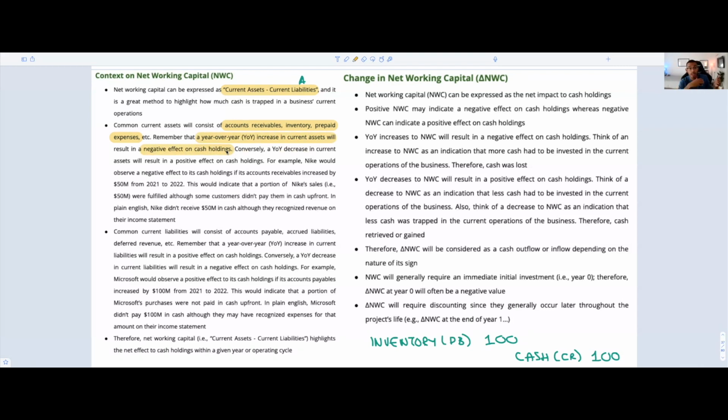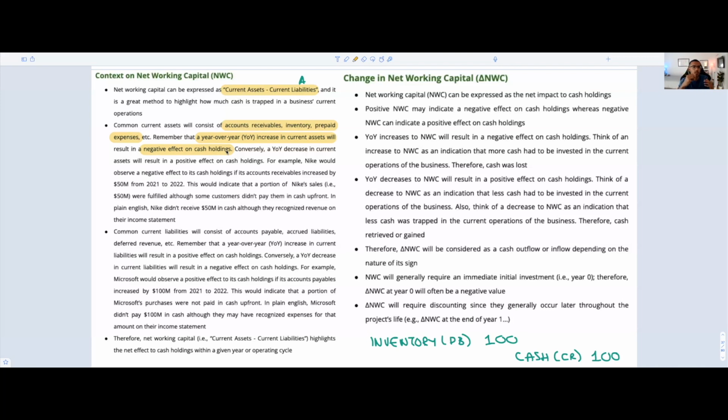If you have an increase in your inventory, which is a current asset, well, that inventory had to come from somewhere, right? You had to pay for it in cash. And if your accounts receivable are increasing, well, that means that you're not receiving cash for the sales that you're doing, okay? And all of those things are going to have effects on your financial statements. It may mean that you're overstating your income or understating your income, okay?